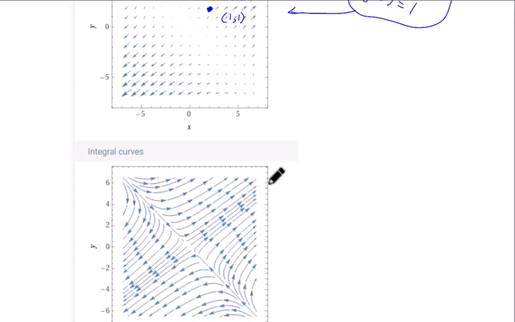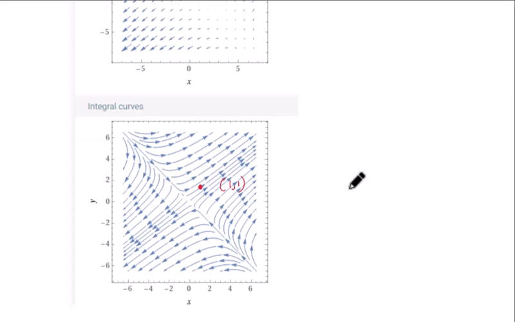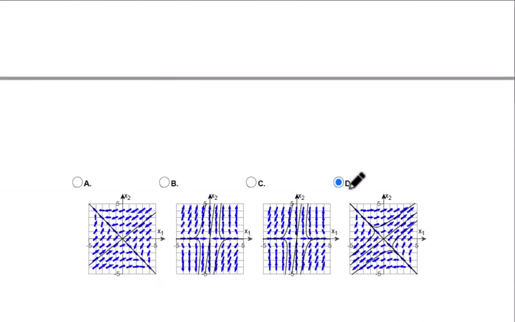So looking at the integral curves there, again we are about at 1, 1. If this were a river, then following a piece of something floating in the river, it's going to follow that trajectory. And that looks like D here.